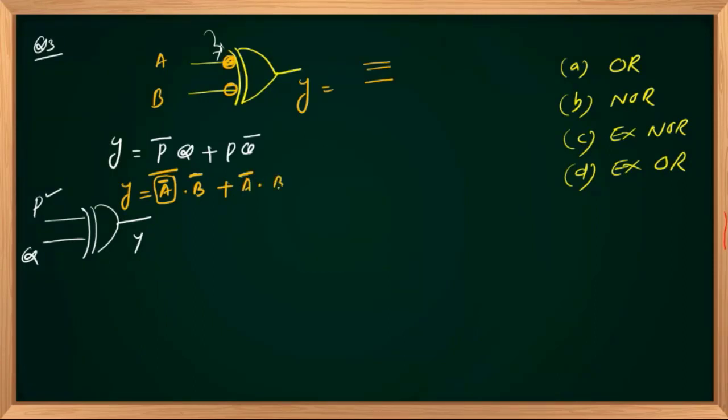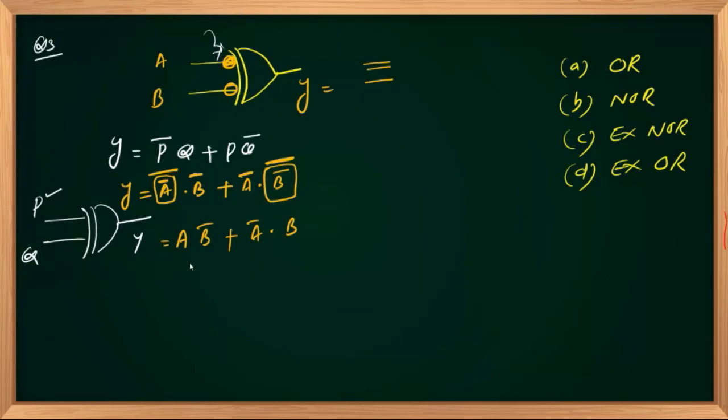Q is B complement, right? So A double bar is nothing but A itself. B bar, A bar dot B double bar is B itself. So this is of the form XOR gate, right? A B bar plus A bar B is the same as the XOR operation.